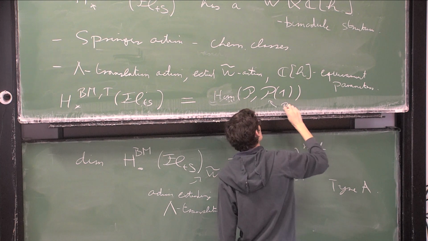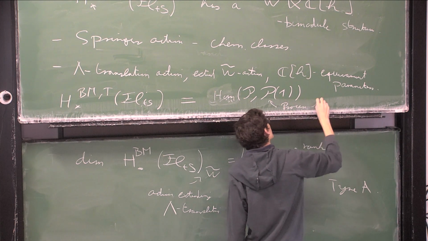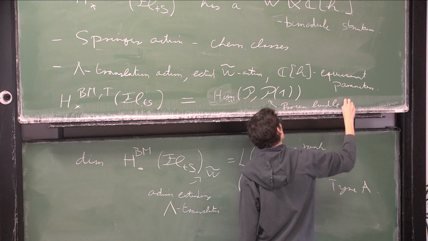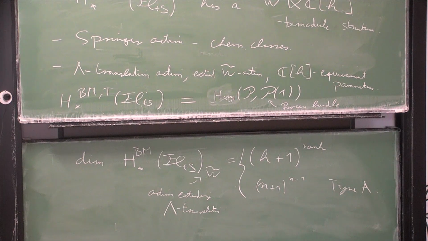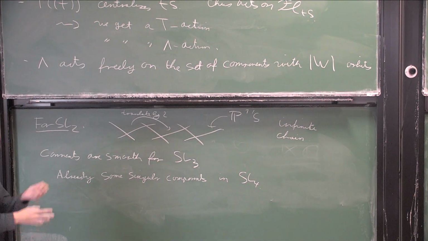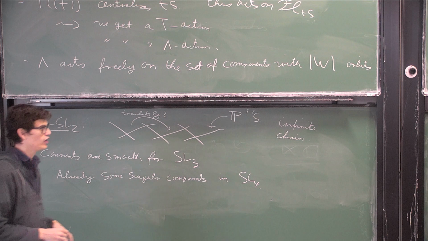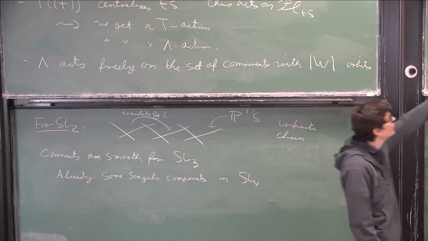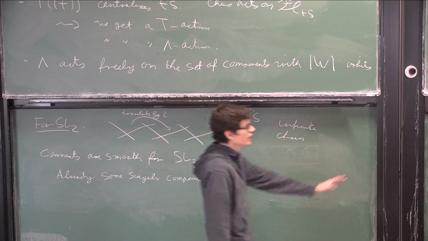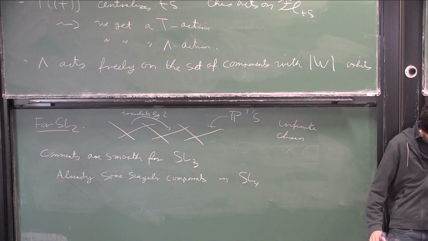This is the Procesi bundle, where we're considering Homs over the Hilbert scheme of points of C2, or some sort of analog of this for other types. But this gives some description of this Borel-Moore homology in terms of that Hilbert scheme of points geometry, and that's sort of how you can get to this picture.